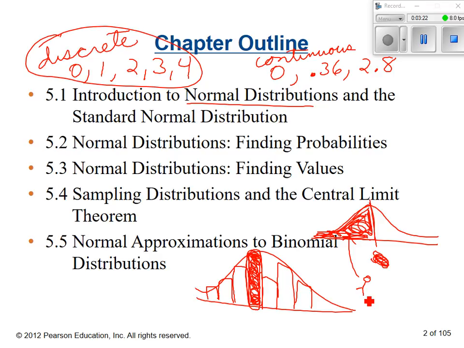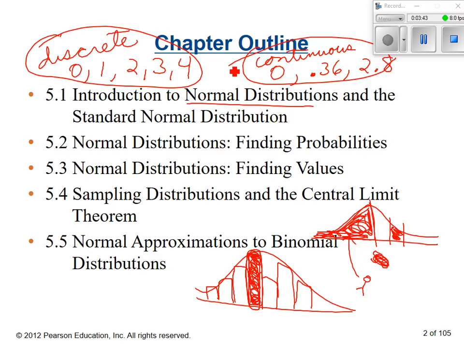We're going to find probabilities. Maybe we want to find the probability that Grant scores in that little area. Well, we're not going to have all the scores, and we're not going to have all the different things that could happen, because now it's continuous instead of discrete.